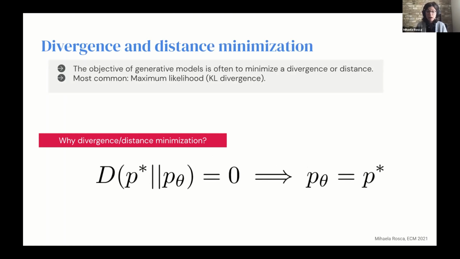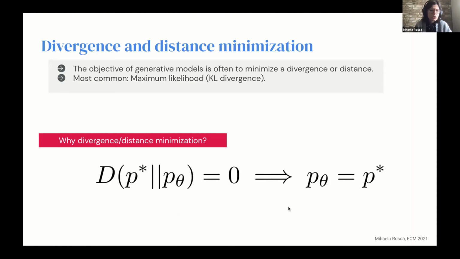I've mentioned this idea of distances and divergences, and these are the kind of objectives that are often used in the generative modeling world. They both have different properties, but what we are interested in, primarily from the convergence point of view, is the idea that if a distance or divergence between two distributions is 0, then we know that the model has learned the true data distribution.